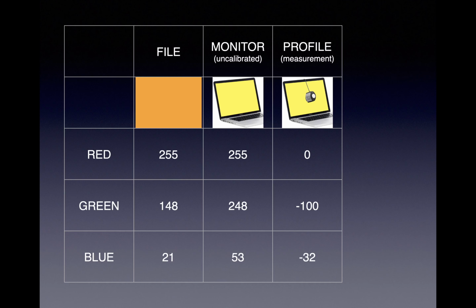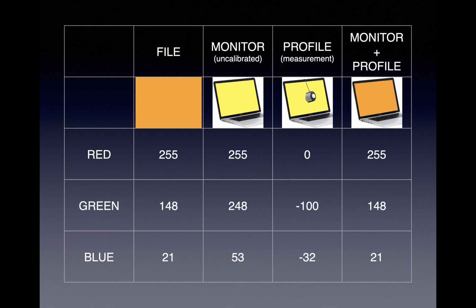And then the final value down here, the file asked for a 21 blue, the monitor gave it a 53. Again, the puck hardware-software combo realizes that to fix that problem, it needs to subtract 32 blue when this color is being asked for. Does this make sense?